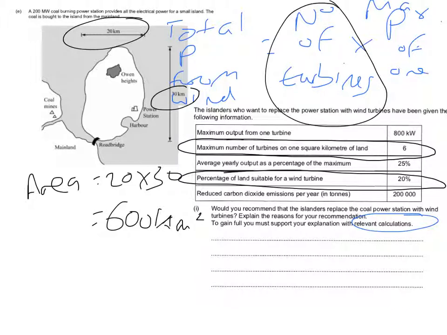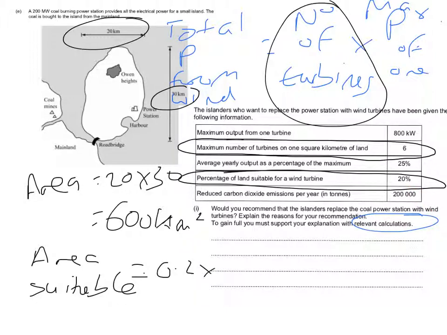Okay. Now I want to know the percentage suitable. So the area that's suitable equals, you can see here we've got the 20%, let me just highlight that for you. Percentage of land suitable, 20%. Okay, so to work that out, we're going to do 0.2 times by our 600.